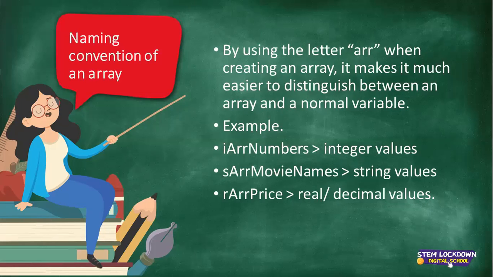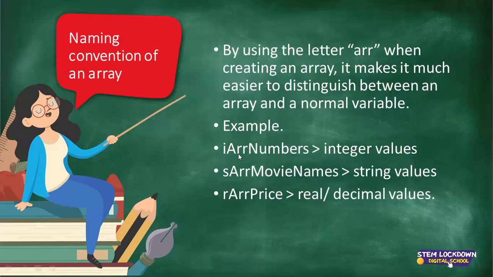So again, by using the letters A, R, R when making an array, it makes it much easier to distinguish between an array and a normal variable. Example, how would this array look if we had to create something? I array numbers, because it's obviously integer values that will be stored in this array.